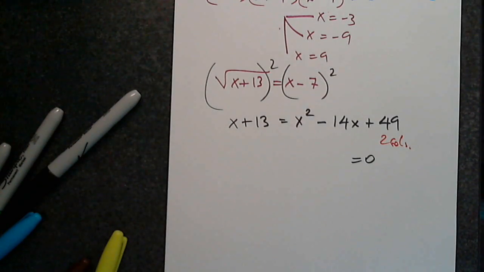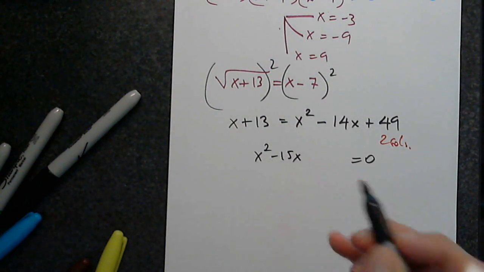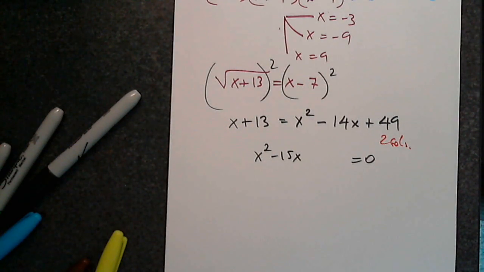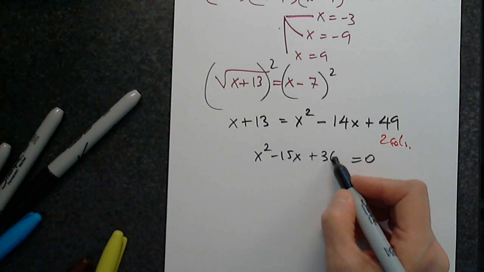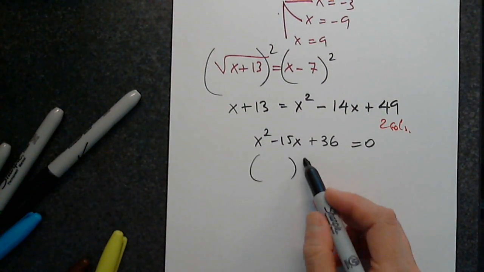So I will subtract x from both sides. So then I have x squared minus 15x. And I will have to subtract 13 from both sides. And I get plus 36. If it takes more than 20 seconds to factor, forget it, quadratic formula.